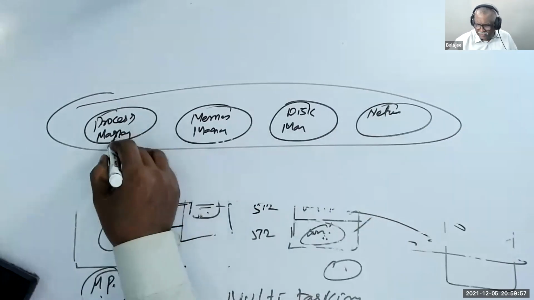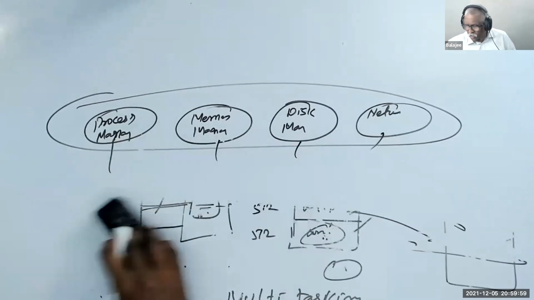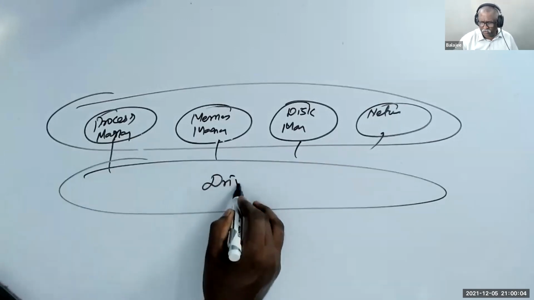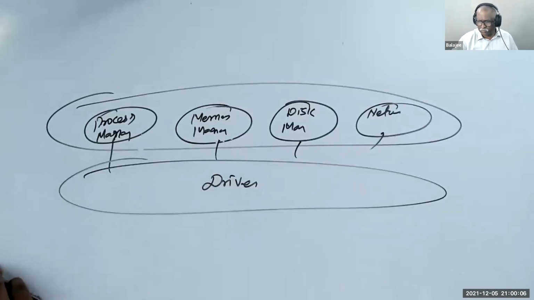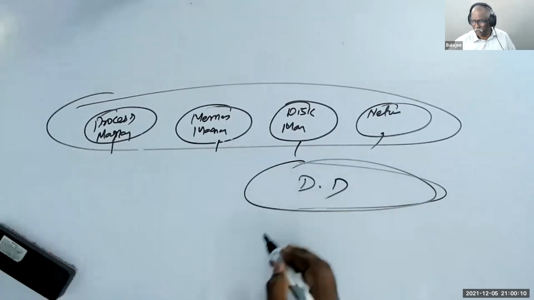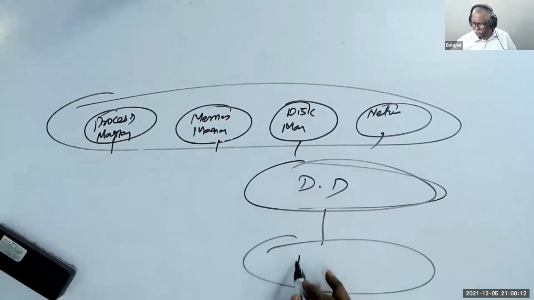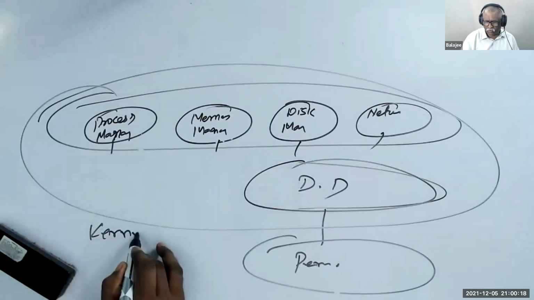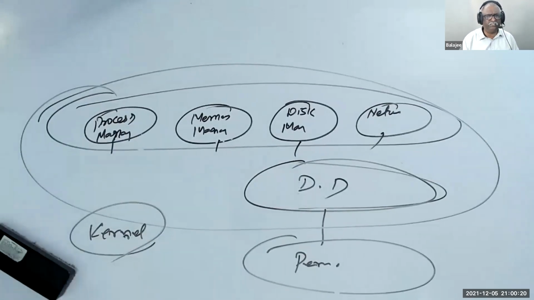All of them are accessing the hardware. Below them, they all go through the device drivers. Not this memory manager, this one, sorry. It goes to the peripherals. So this whole part is called the kernel. So this was the Linux kernel.